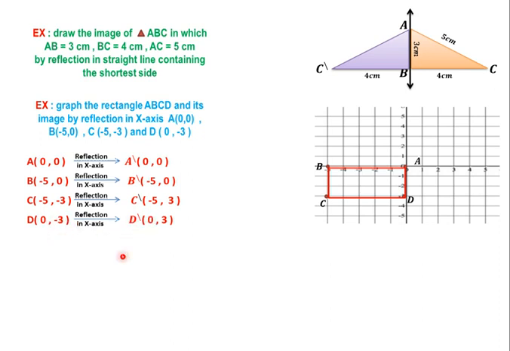Now we can locate the image of rectangle ABCD by locating the points A dash, B dash, C dash, and D dash. A dash is the same, B dash is negative 5, 0, the same point, C dash will be negative 5, 3, and the point D dash will be 0, 3.